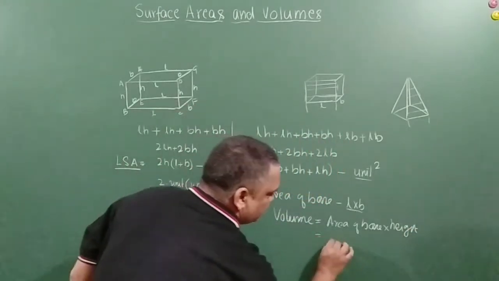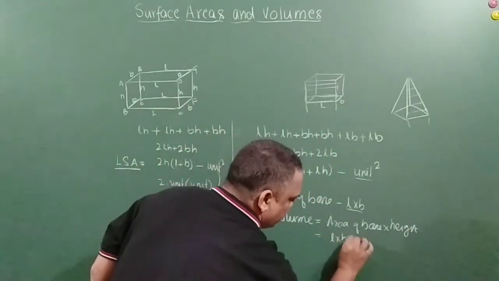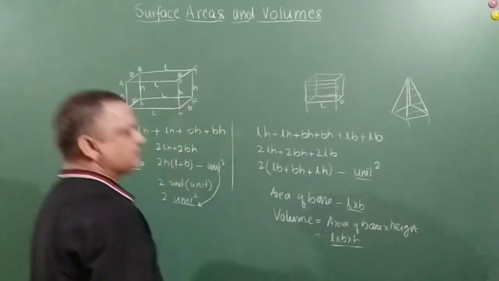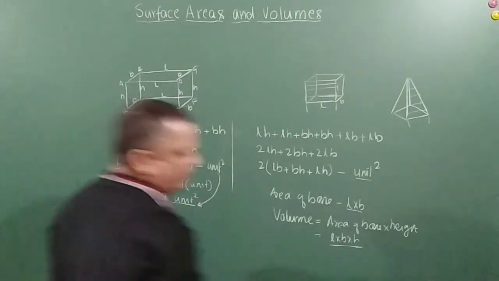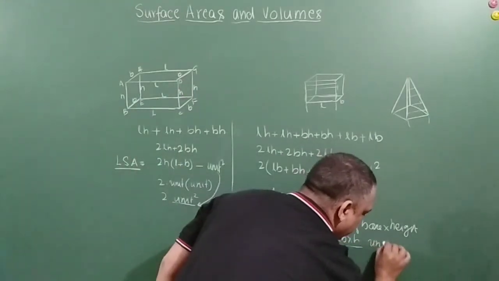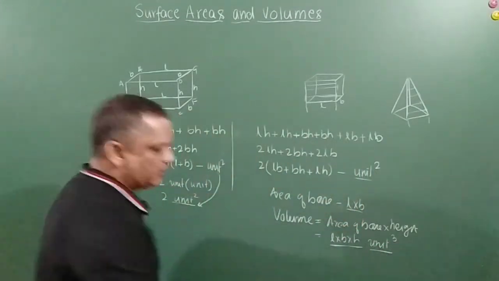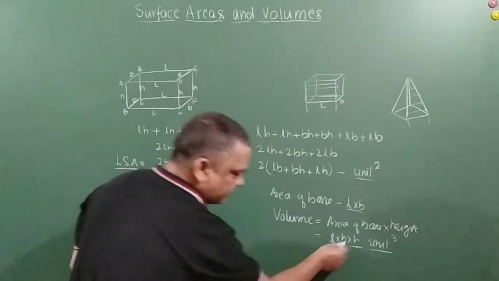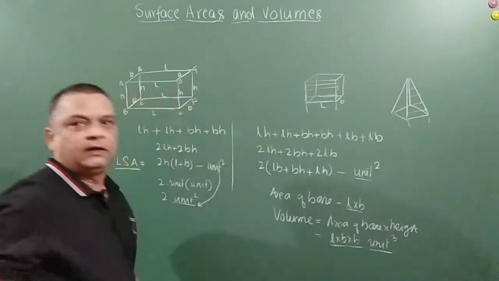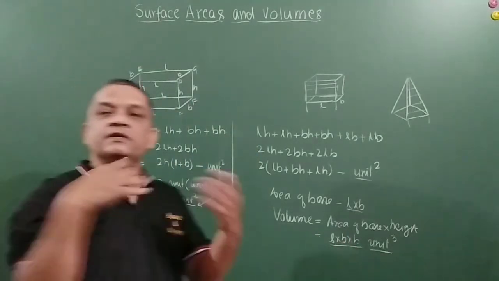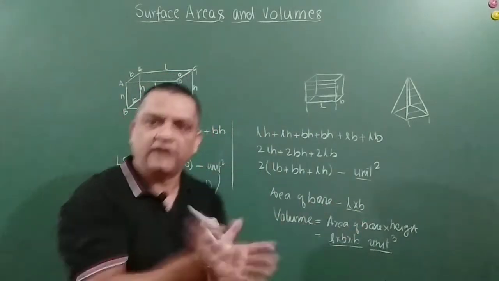So which is equal to L into B into H, and this is the volume of this cuboid, which will come in unit cube, right? Because centimeter, multiply all the three, it becomes centimeter cube, correct?